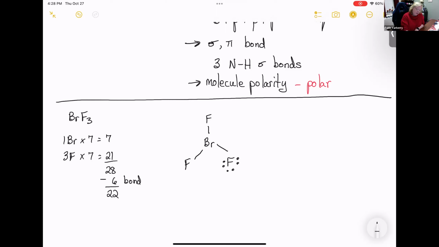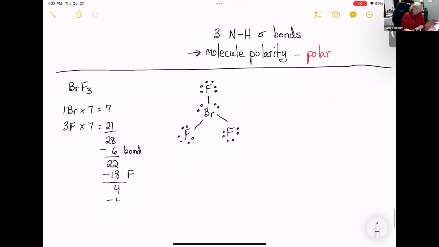So to give each fluorine atom its octet, we need to distribute an additional 18 electrons, 6 around each of the fluorines. That still leaves us with 4 valence electrons. When you've given your outer atoms an octet, we're told to place the other electrons on our central atom in pairs. And we hit 0. We ask ourselves, does everybody have an octet? And yes, everybody has an octet.